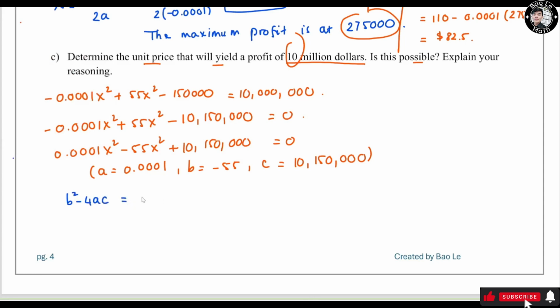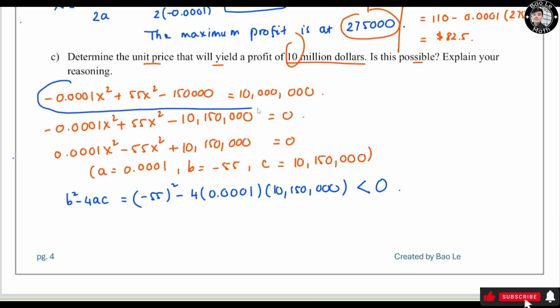It's going to be negative 55 squared minus 4 times 0.0001 times 10,150,000, right? Observe that this is always less than 0, right? So then the equation right here has no real solution, right? So we need to answer that this one is impossible, right?